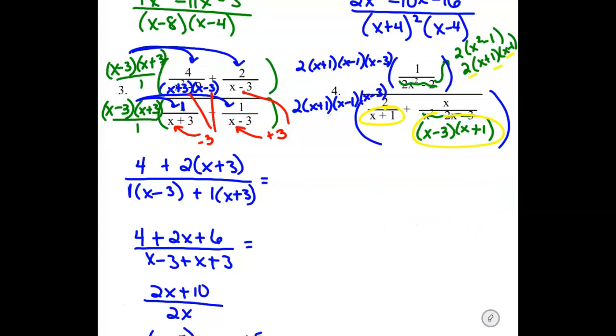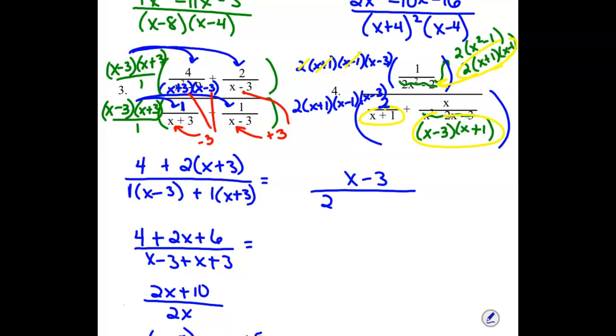All right, so let's see what we have left. For the top half of our complex fraction, we had a 2, an x plus 1, and an x minus 1 in our denominator here. So that would reduce out those first 3 pieces. So we really just have the x minus 3 times a 1. For the denominator of our complex fraction, the bottom half, in our first piece, we have a 2 here.